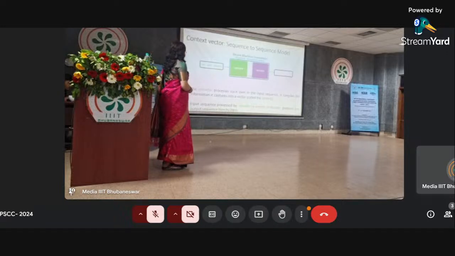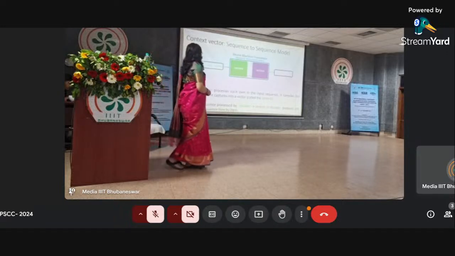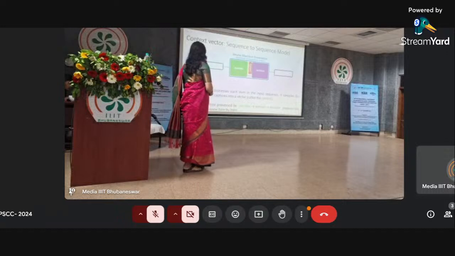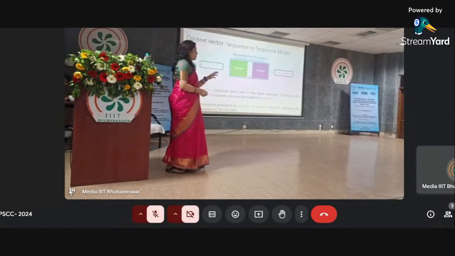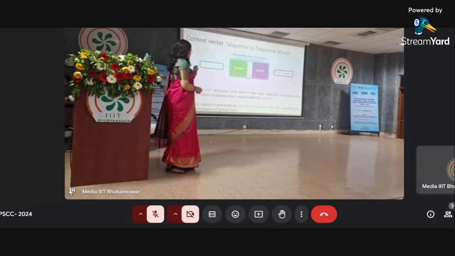Here we have the input and then the output. Between the encoder and decoder, one of the vectors that passes from the encoder to the decoder is called the context vector. It stores the context; what context especially means, we'll see in the next slide.